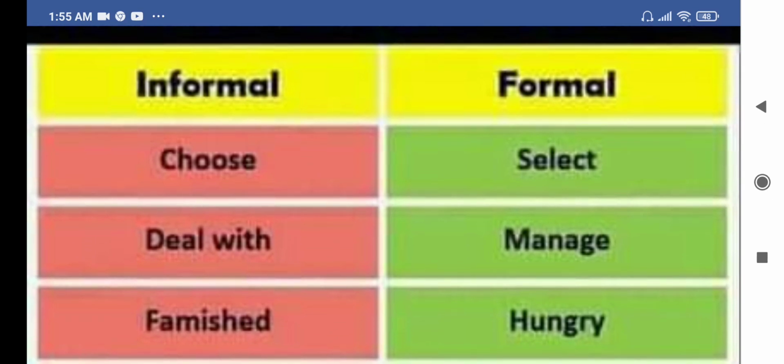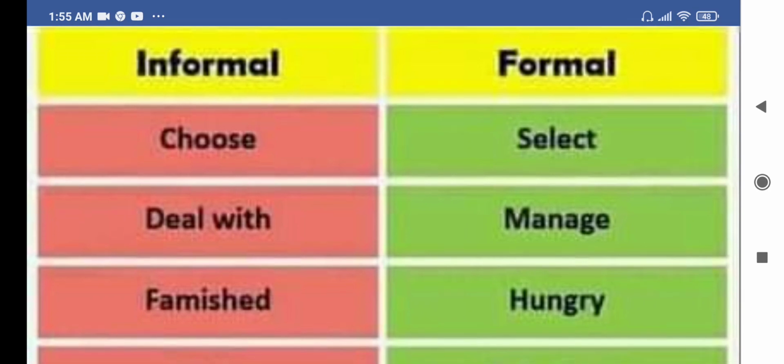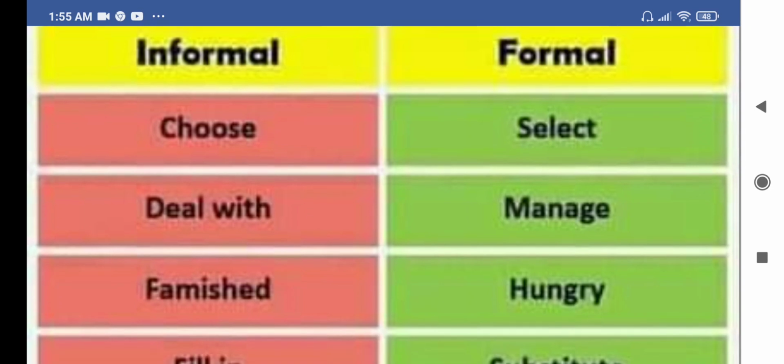Here on the screen you see that there are two columns, formal and informal, and under each column there are some words given. For example, choose. The word choose is a highly informal word, and in a formal setting you cannot use choose, rather you should use the word select.